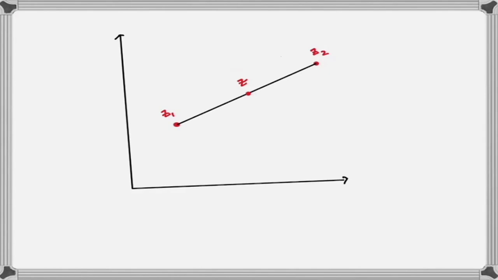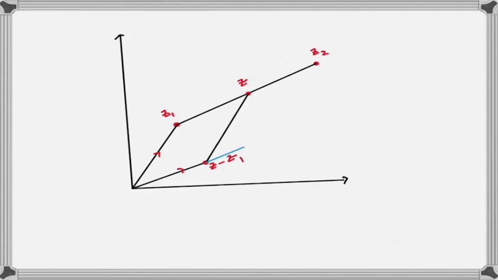What is the argument of the complex number z minus z1? We have seen that this complex number can be identified as follows using the parallelogram law of vector addition. So this is the complex number z minus z1.